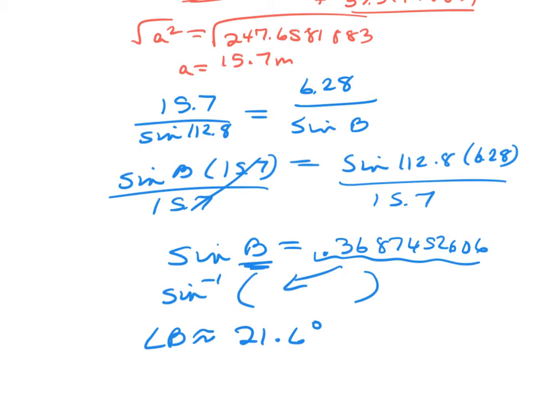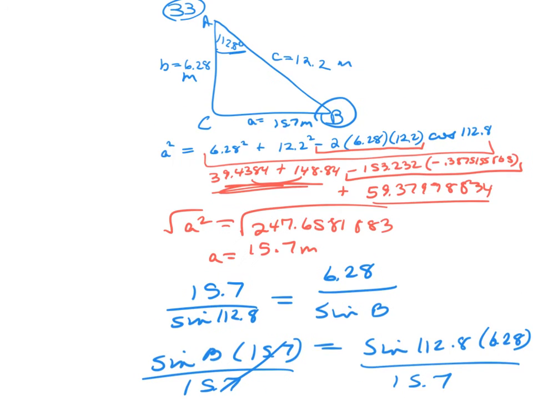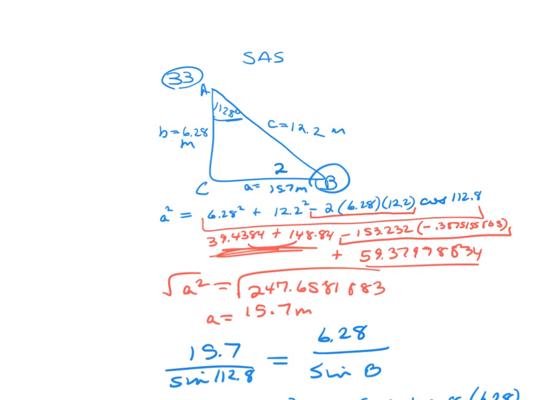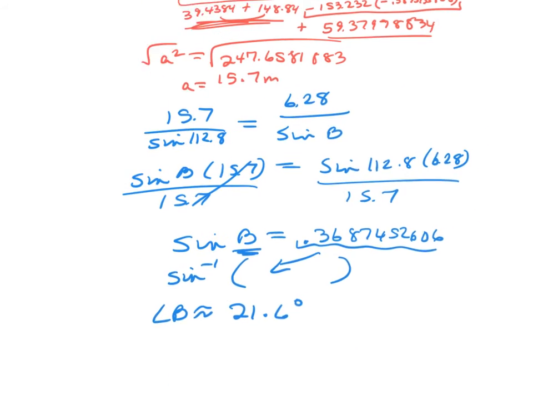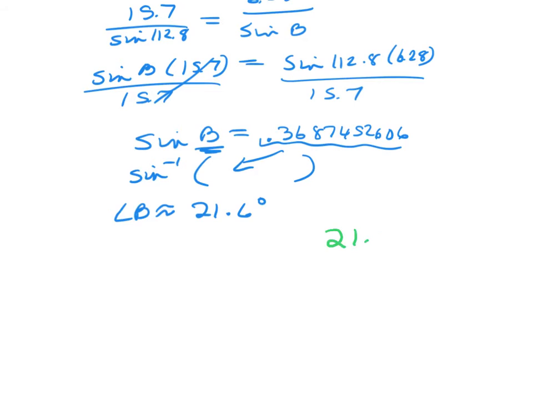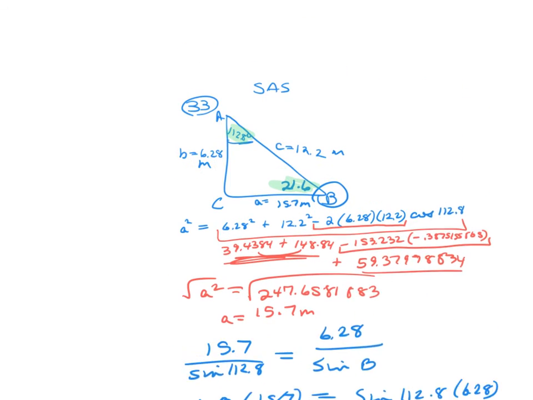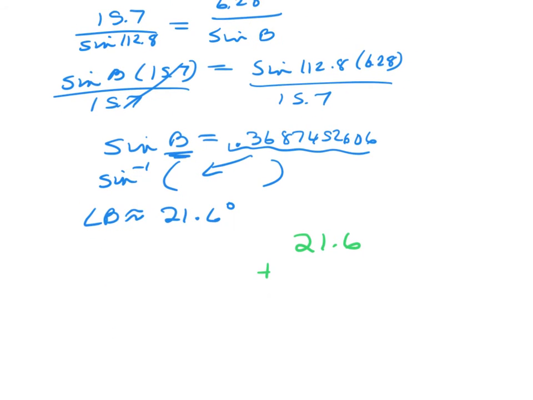Now to find the other missing angle, so this one's 21.6. All I have to do is add this one plus this one, and subtract it from 180. So 21.6 plus the 112. Let me see what was given, 112.8.